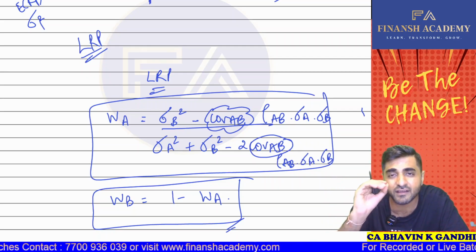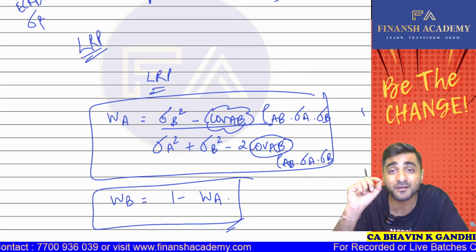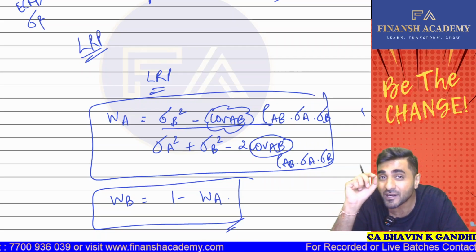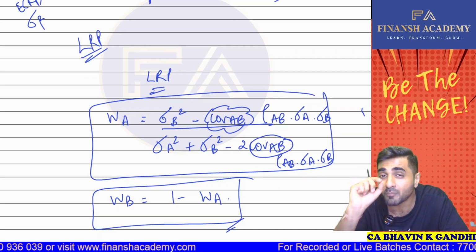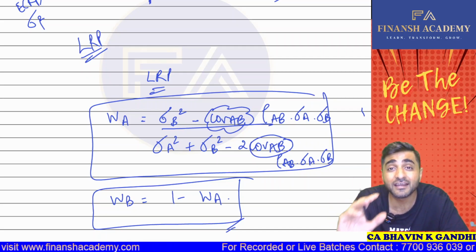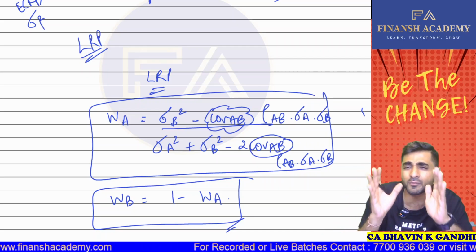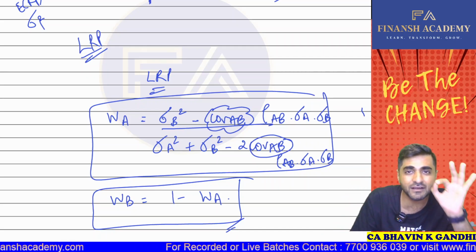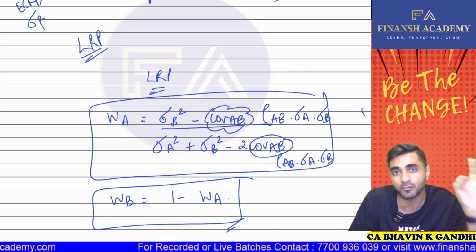So my dear students, whenever you are required to calculate a particular combination, a proportion of a portfolio in which the risk of the portfolio is going to be minimum, then we will use the concept of least risk portfolio.